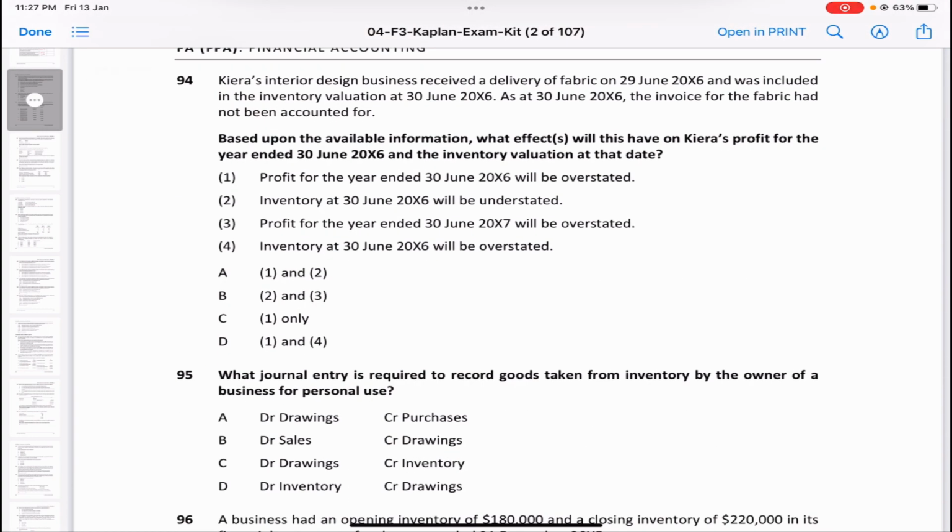Kiara's interior design business received a delivery of fabric on 29 June 2006 and it was included in the inventory on 30 June 2006. As of 30 June 2006, the invoice for the fabric has not been accounted for.